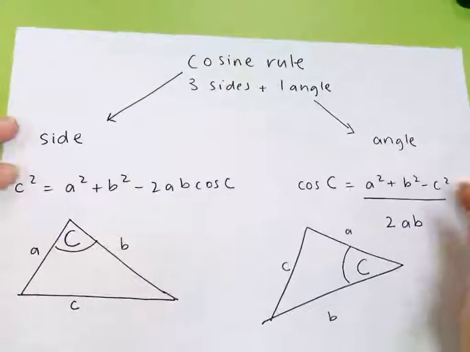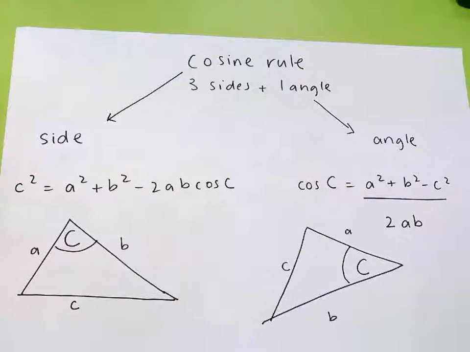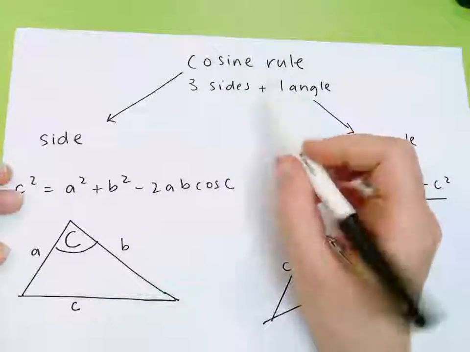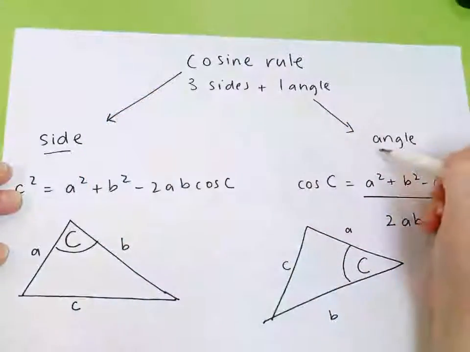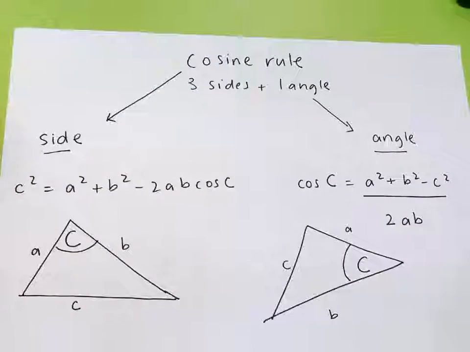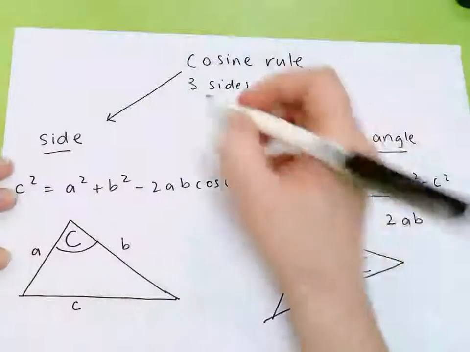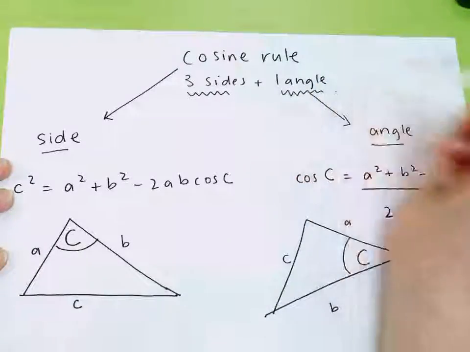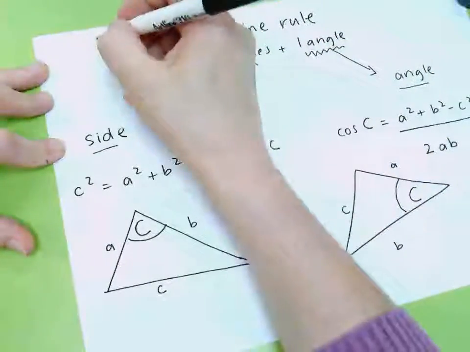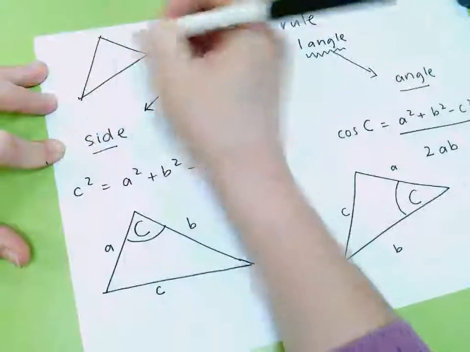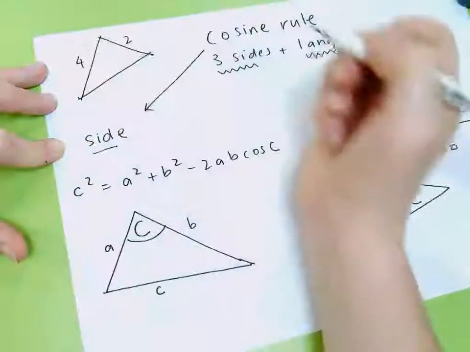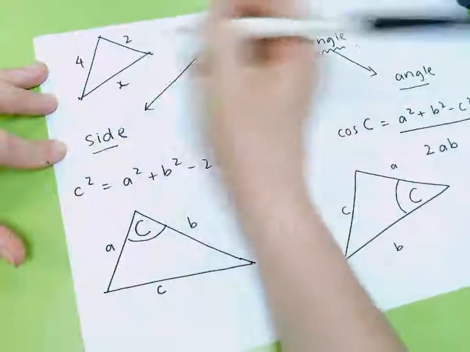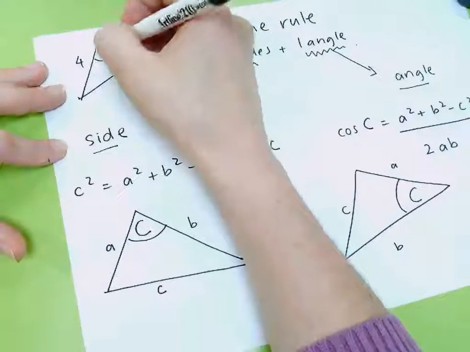Here's the cosine rule with a little bit more detail. Like the sine rule, we can use the cosine rule to work out either a side or an angle. We use the cosine rule when we are dealing with three sides and one angle. So in a situation like this, we're trying to find a side, but we're given two other sides and an angle.